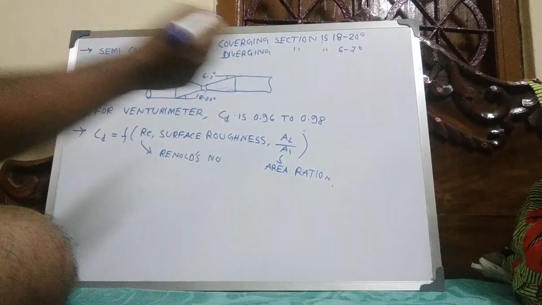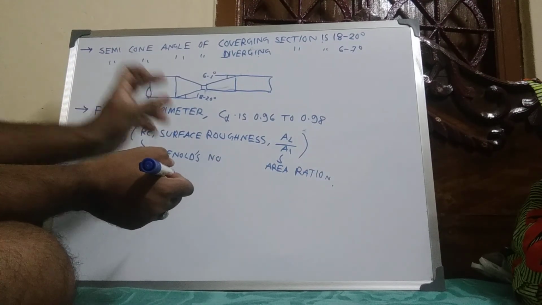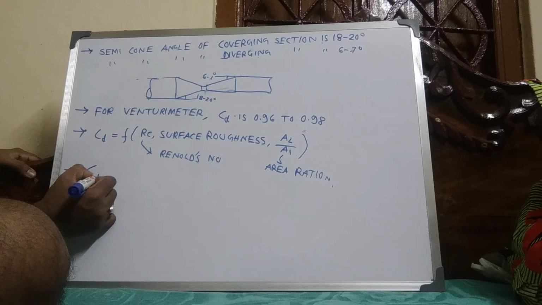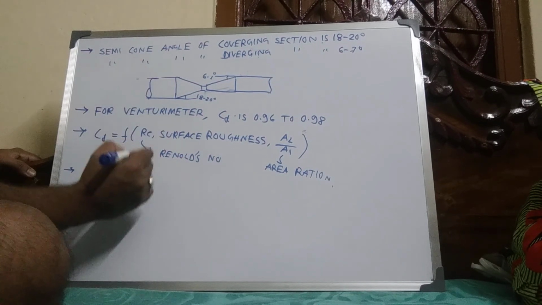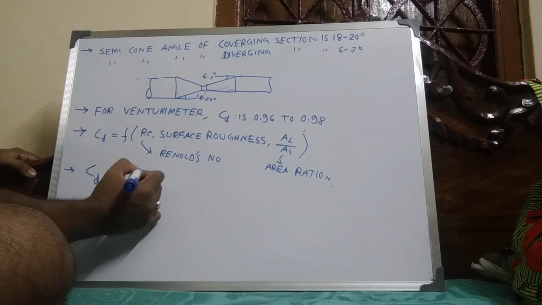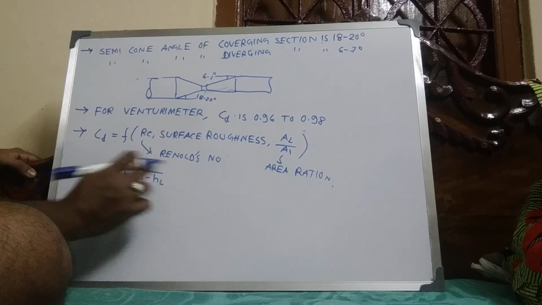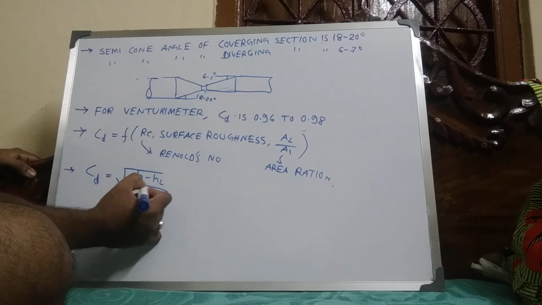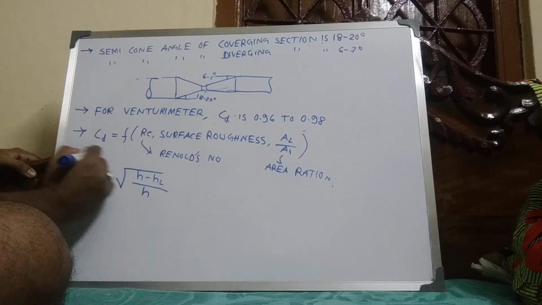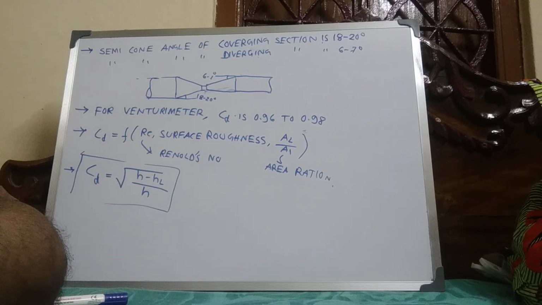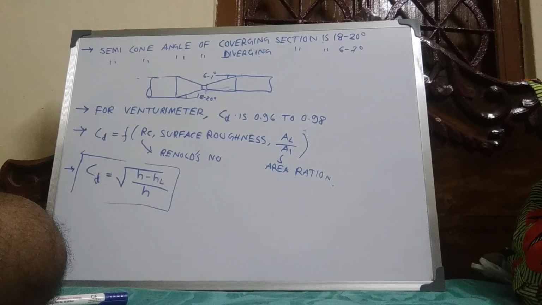Means CD depends on Reynolds number, surface roughness, and area ratio. And the value of CD equals root over (H minus HL) by H, where H is the piezometric head difference and HL is the head loss. These four points are very important for the Venturi meter.